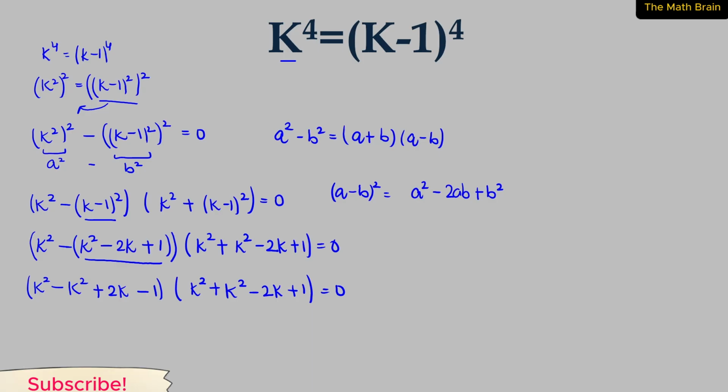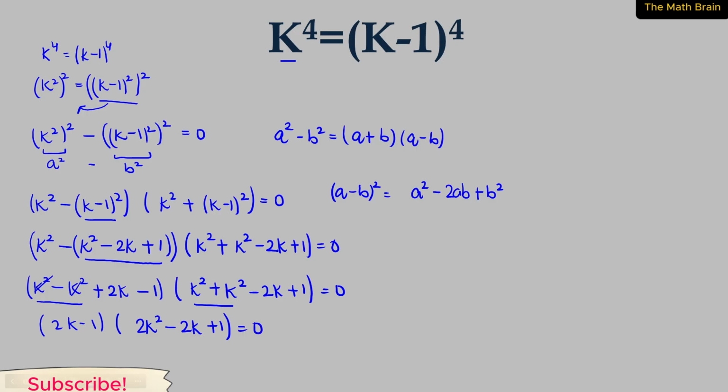Now continue. This will cancel out and we are left with 2k minus 1 and this will be plus 2k squared minus 2k plus 1 is equal to 0.